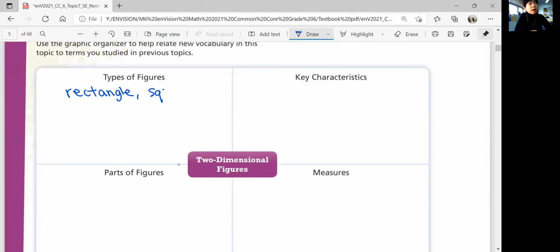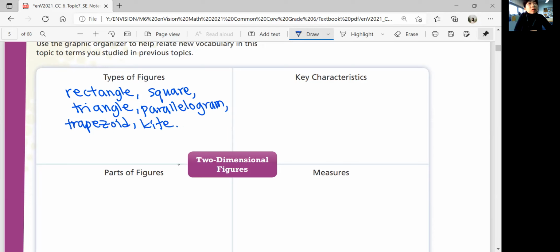You have a square. What else? Triangle. Parallelogram. Trapezoid. Kite. You have so many. Circles. Okay. You have so many.